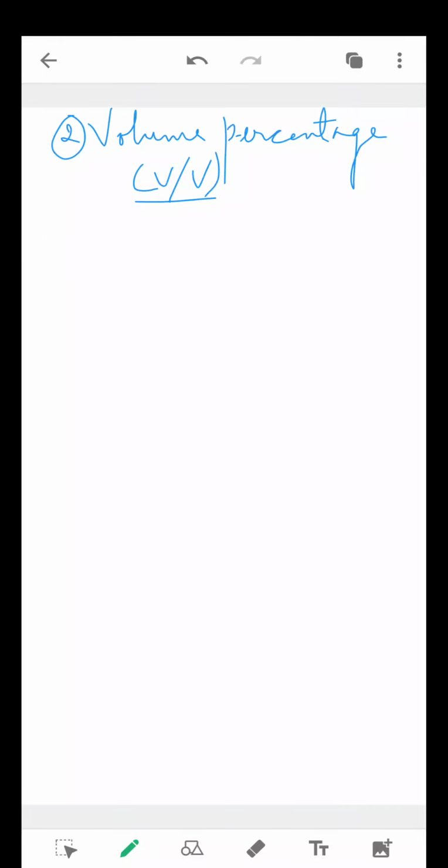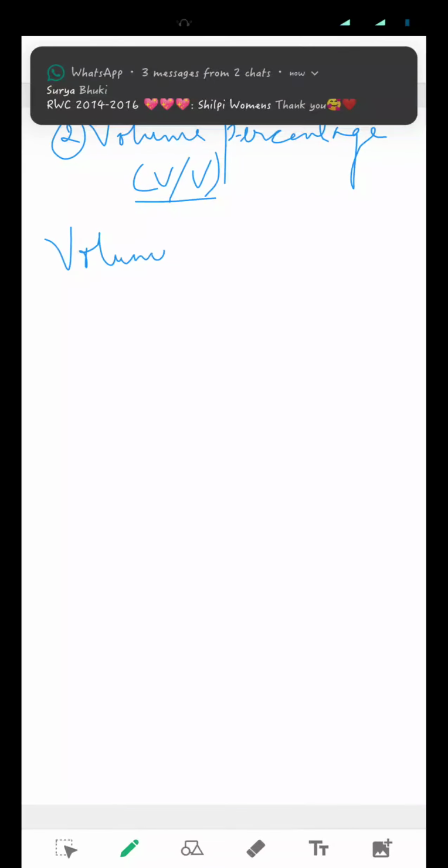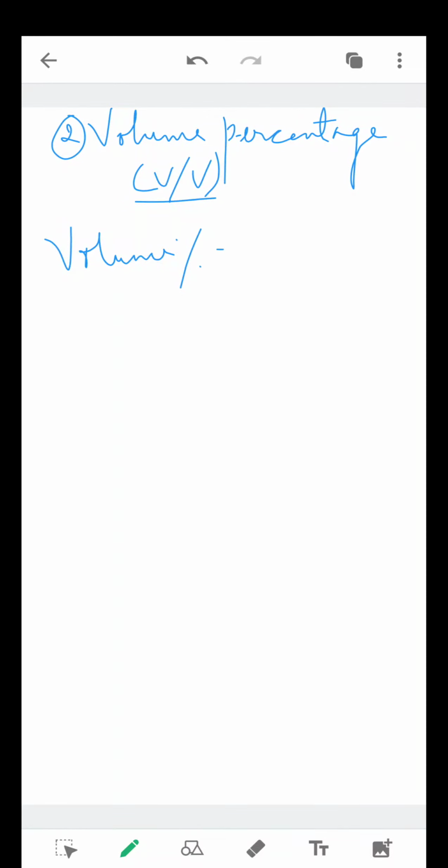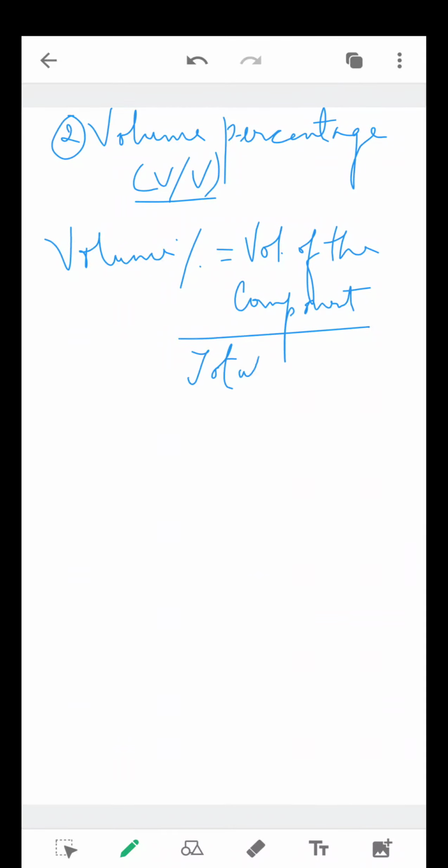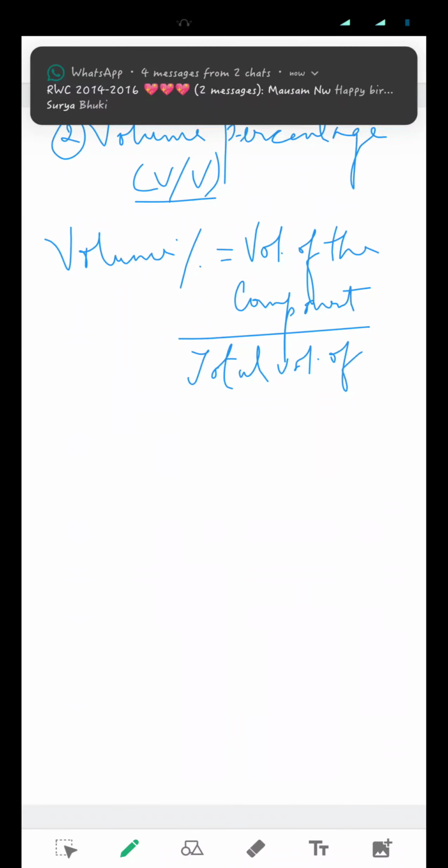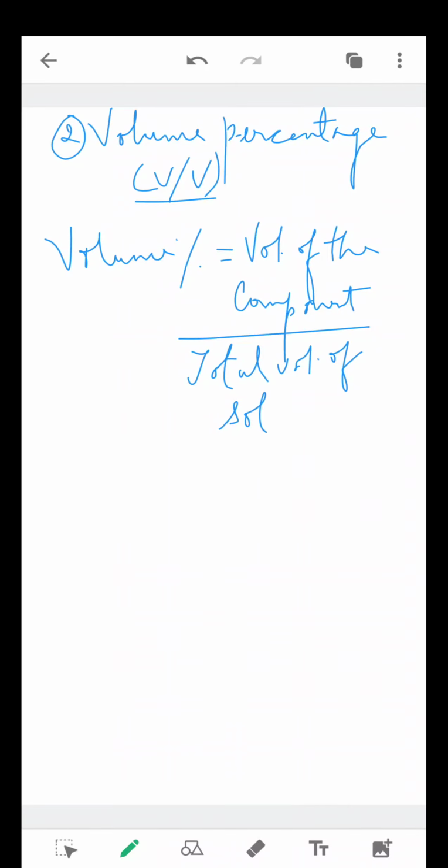So volume percentage is equal to the volume of component divided by the total volume of solution, into 100.